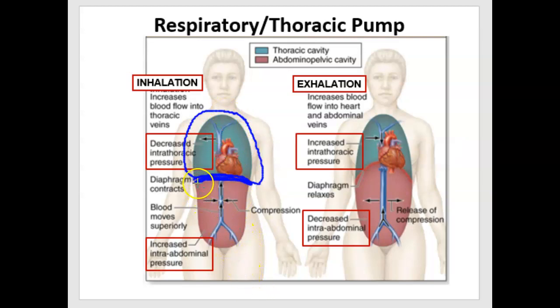But we have increased abdominal pressure in that case. So if we have high pressure here in the abdomen and lower pressure in the thoracic region, that promotes blood flow returning to the heart because blood flows from high to low pressure.